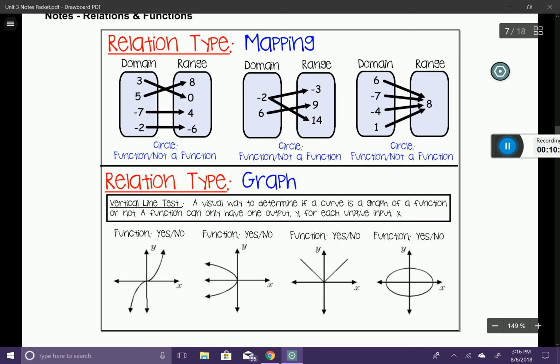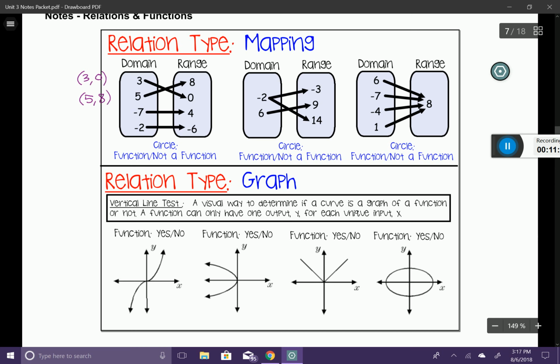And what it's indicating to us is that each one of these coordinates from the domain is corresponding to a range value. So in this first example, you can see that 3 is going to 0. What that's doing is creating the coordinate 3, 0. And then below it, you can see that it's creating the coordinate 5, 8, and so forth.